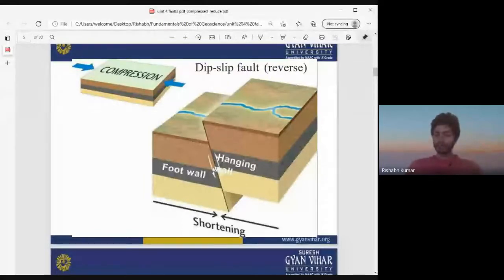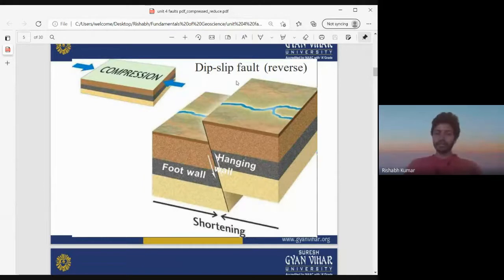These arrows are representing the relative movement of the block, and here you can see that the hanging wall is sliding upside as compared to your footwall. तो यहाँ हैंगिंग वॉल का एलिवेशन फुटवॉल से ज्यादा है। देखो जो ये लेयर है, इसकी कॉरस्पॉन्डिंग लेयर यहाँ हायर एलिवेशन पे है, so this is known as your reverse fault, right?